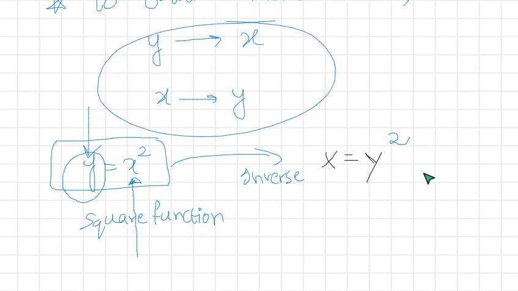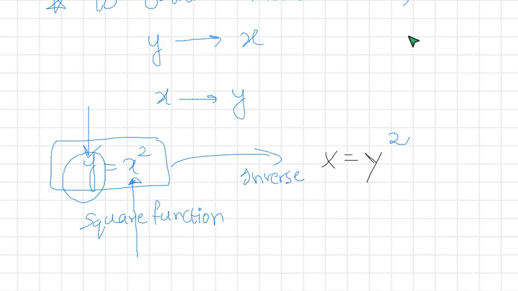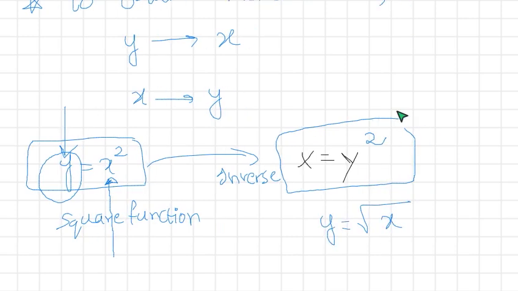So x is equal to y square. So y is equal to how much? y is equal to root x if you square root everything. So plus or minus root x, but let's talk about root x. So the root x graph will be the inverse for the square function.